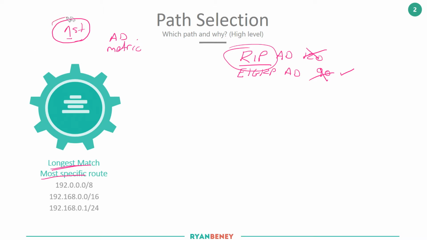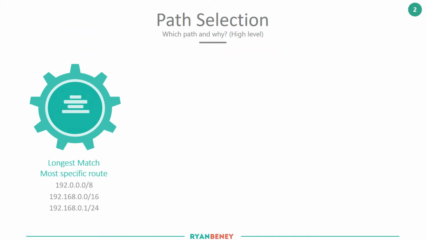The router will always first install the longest match regardless of how it learnt it and regardless of the metric within that particular protocol. So what do I mean by longest match? Well, let's say we had a routing table, and inside that routing table we had an entry of 192.0.0.0/8.